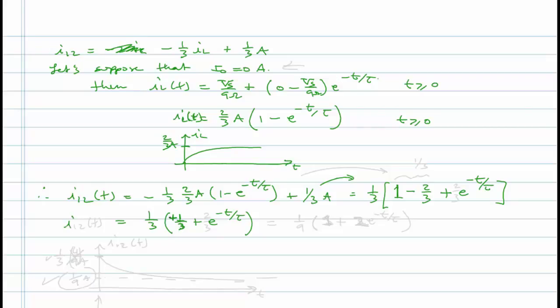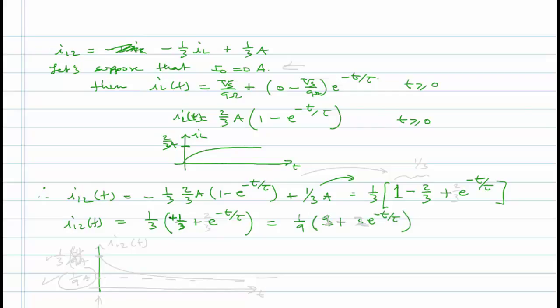So what does that look like? At time 0 we'll have 3, I really should rewrite this. Let me rewrite it this way. Let's say 1/9 times 3, 1/9 plus 3 times e to the minus t over tau.